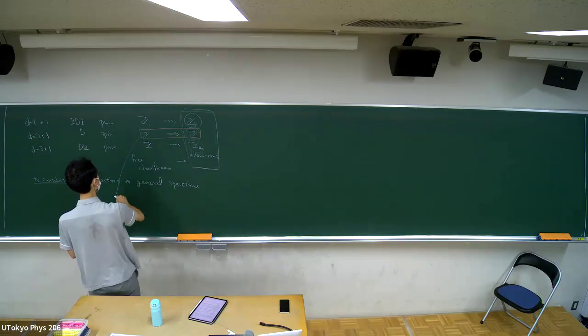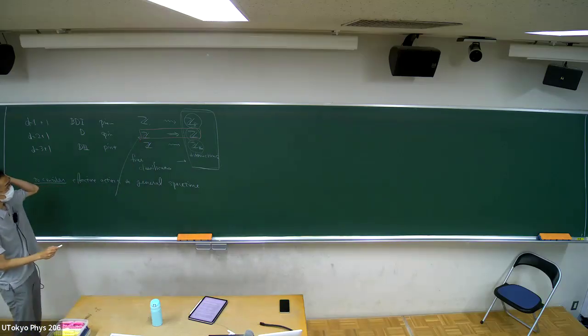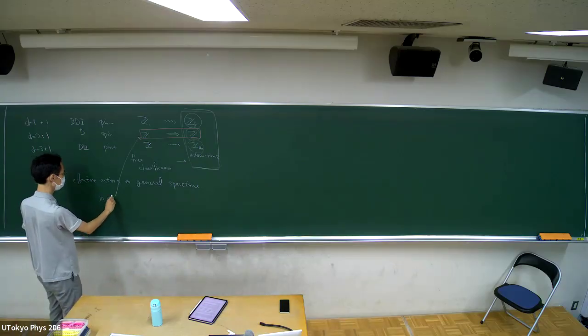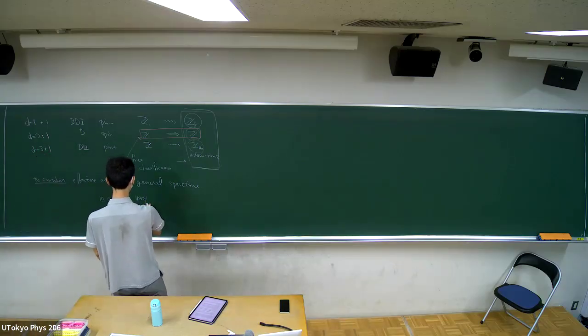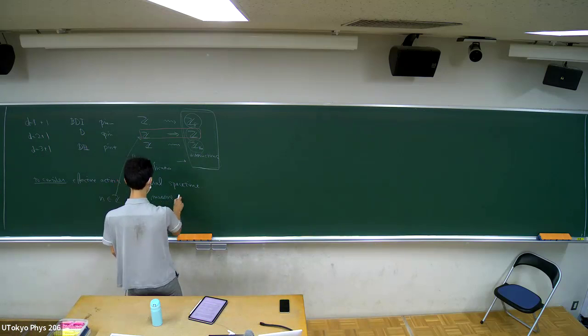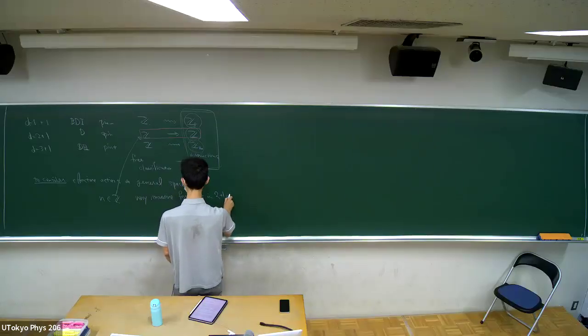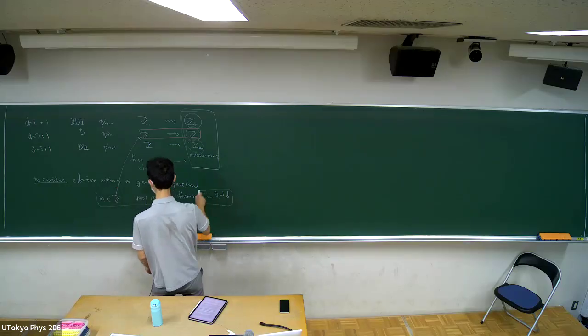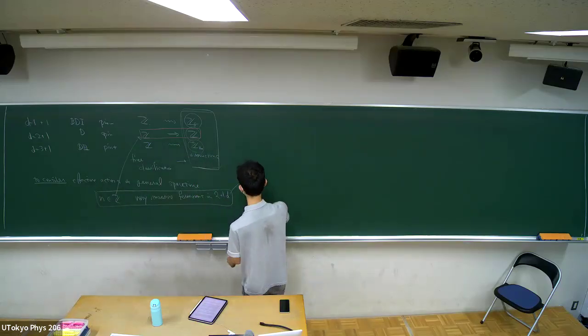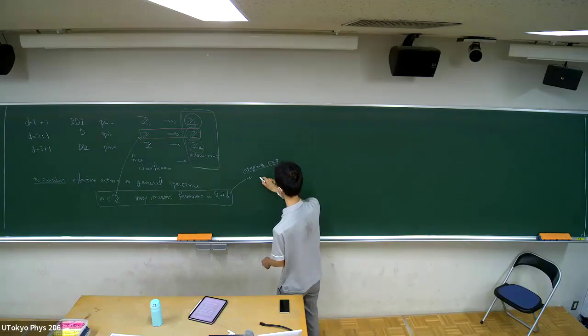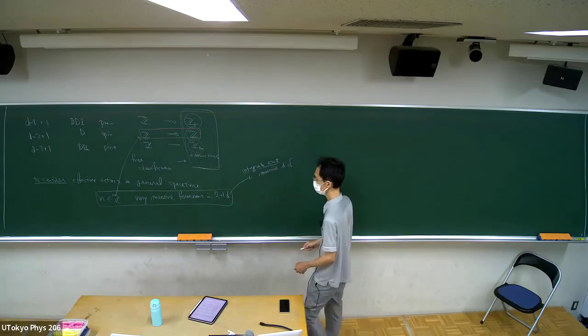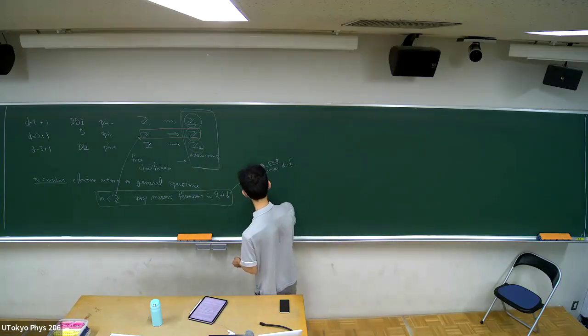It's known that if you start from, say, n very massive fermions in 2 plus 1D, you can integrate out these very massive degrees of freedom, and we should have a non-trivial effective action.